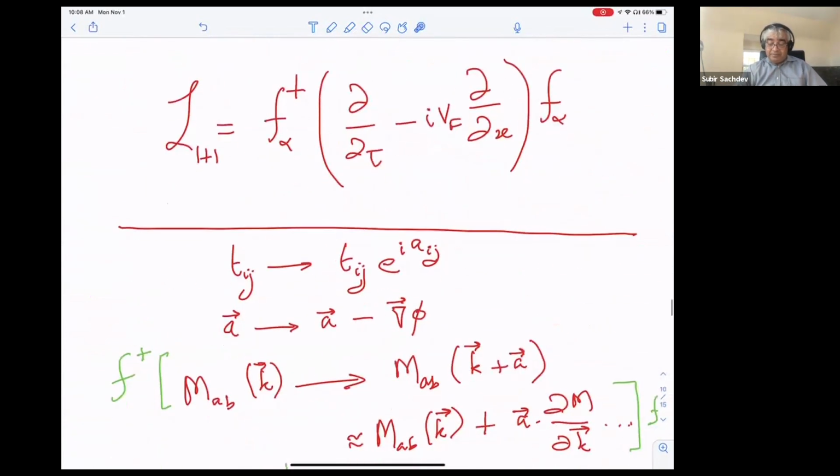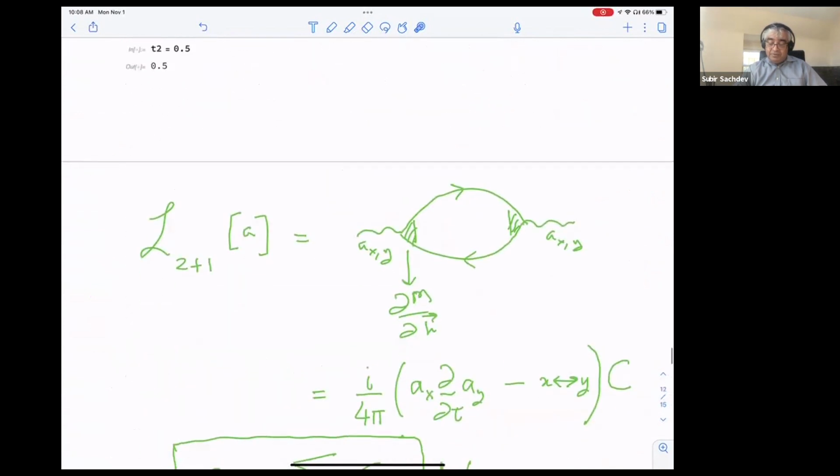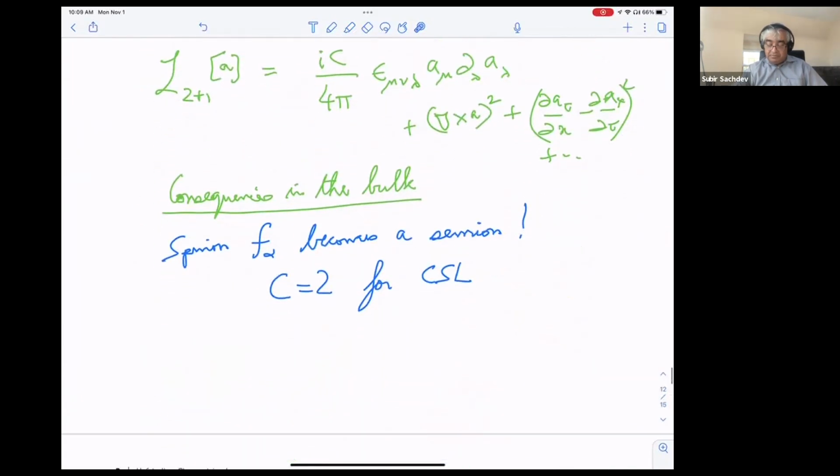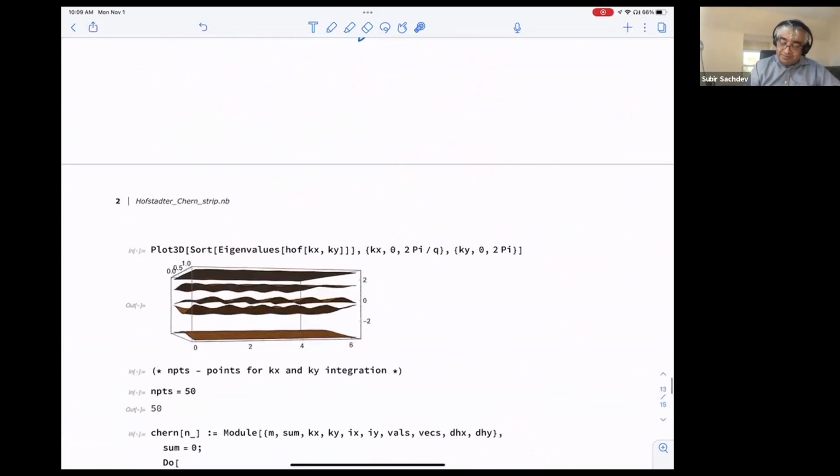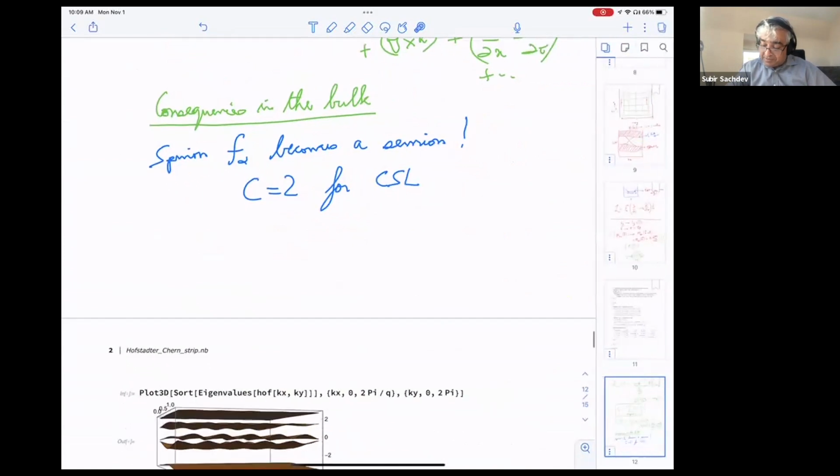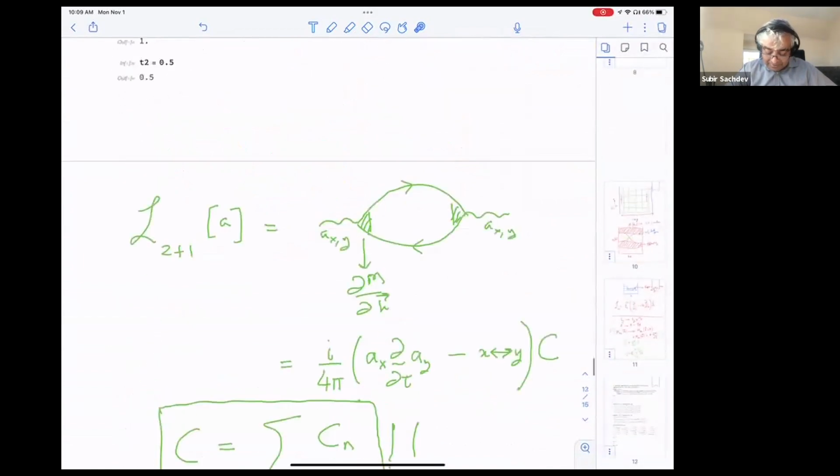When I evaluate this fermion loop to get the Chern-Simons term, I have to sum over n. And so C will be 2. And so what happens is that the Chern-Simons term, as the F alpha is moving around, let me at least draw the picture, and I will leave the formal proof for section or for further discussion.